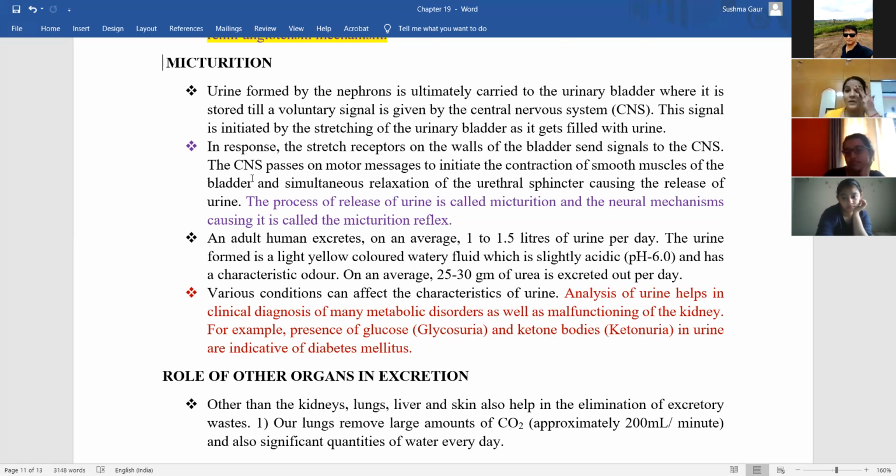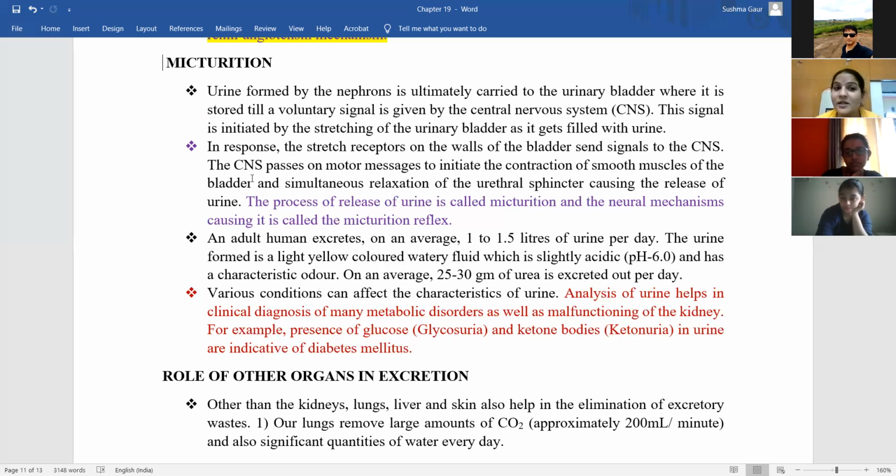So when urination is to start, the first response is given by the central nervous system to the stretch receptors present on the wall of the urinary bladder, so that the urinary bladder gets stretched. Now the second response is given by these receptors to the central nervous system, that we get the signal.